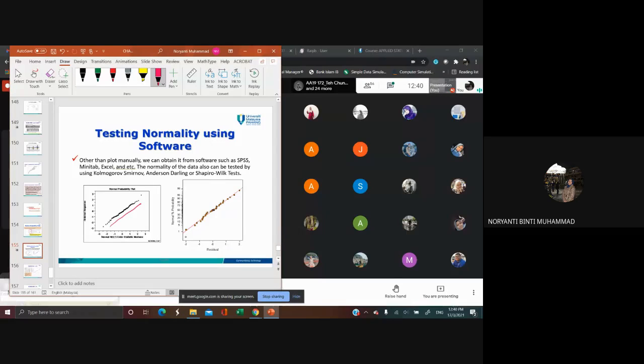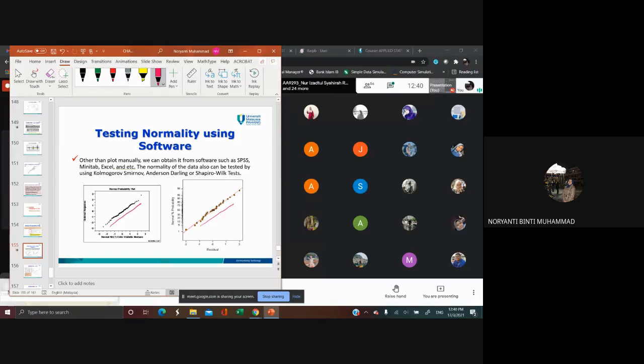You can see that we don't have any line here, but the data is in line. So when the data is in line, that means your data follows a normal distribution. Here you can see as well, let's say I remove the straight line, you can still see the data is in line together. So that's why we consider the data follows a normal distribution.